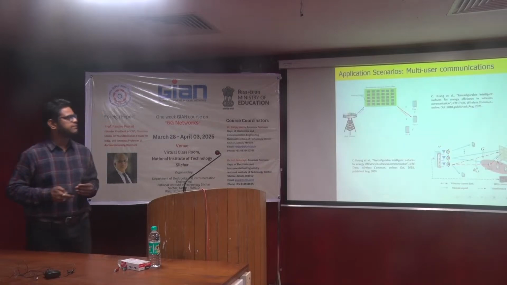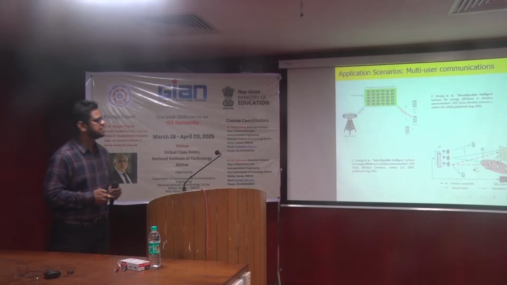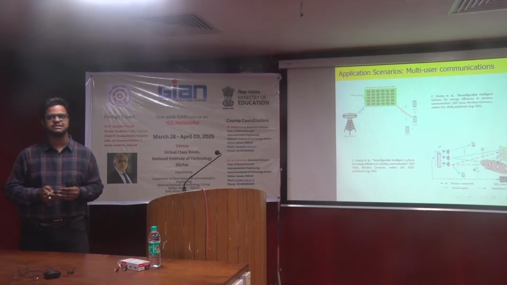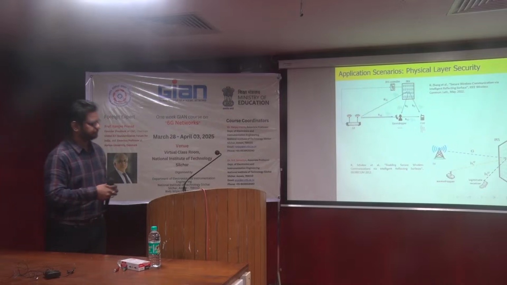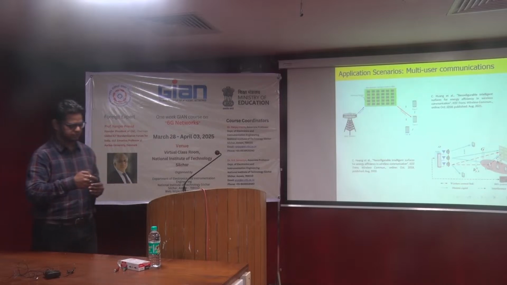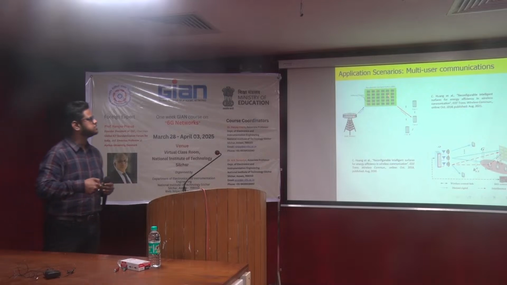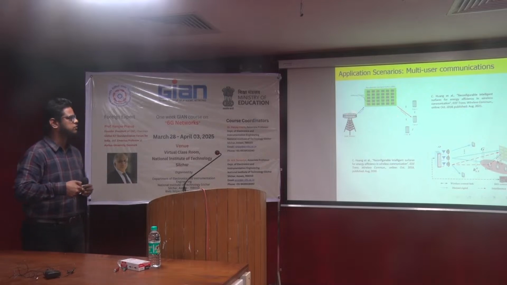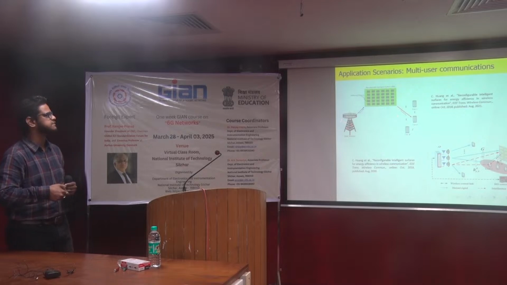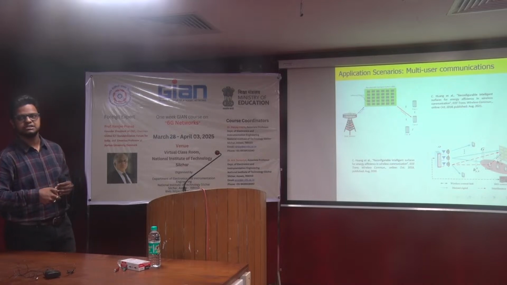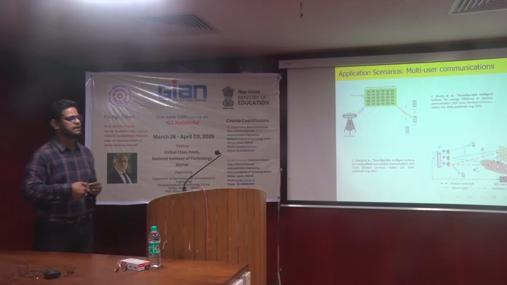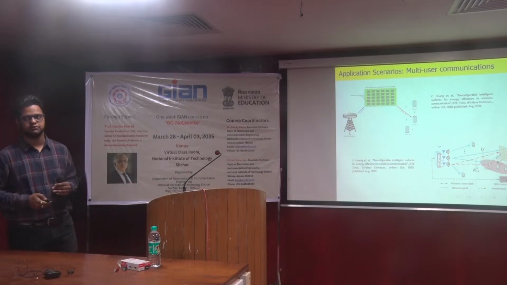So what are the different application scenarios for this? I have included some references. The first is from Dr. Huang, who considers a simplistic scenario which we already discussed, where a base station needs to transmit to multiple users, and in this scenario they don't have a direct link from the base station to the user.